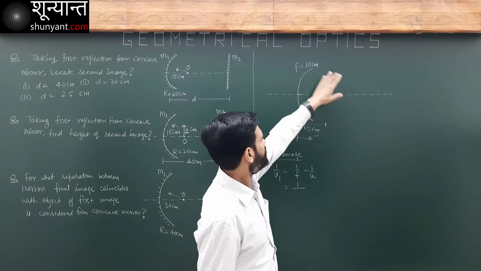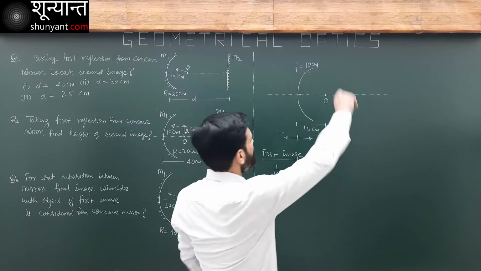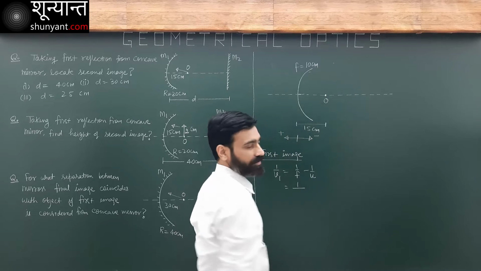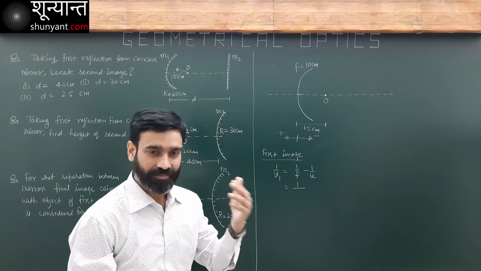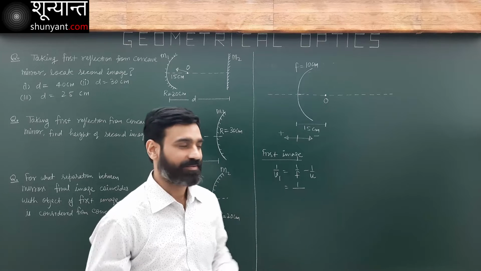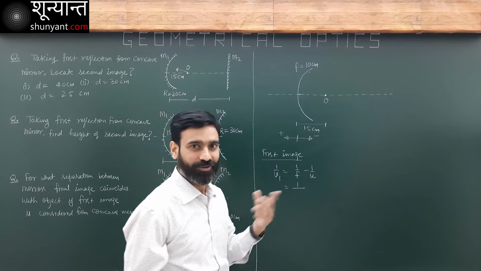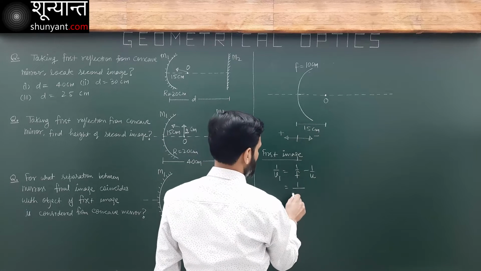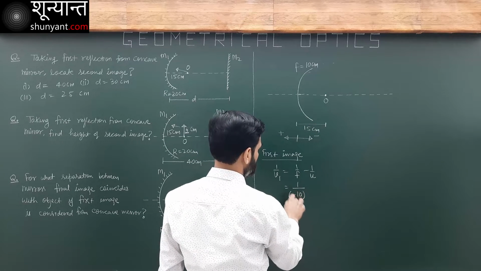The center is towards the right because this is part of a sphere like this. The focus is also on the same side, for both mirrors. So it is going to be negative. I will write minus 10 here.